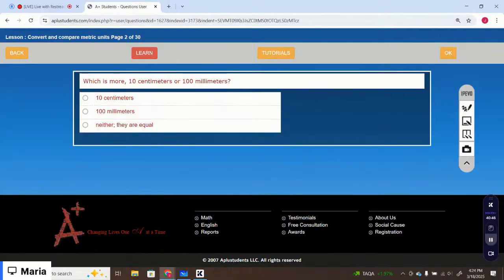Which is more, 10 centimeters or 100 millimeters, which is the correct option?